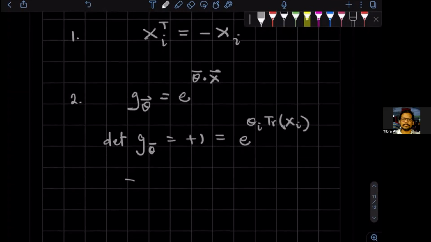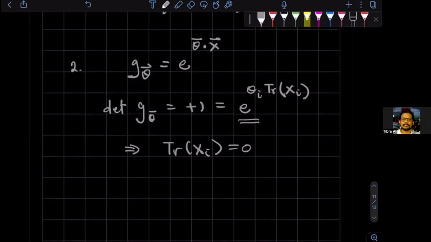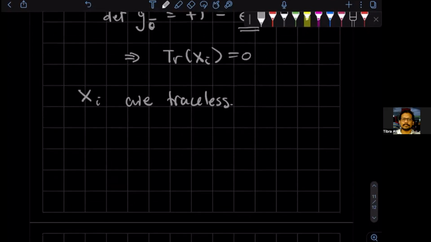So that means that the trace of the generators must be 0, so that this thing is 1. So we see that the Xi are traceless. So these are the two properties of the generators of SO(3).